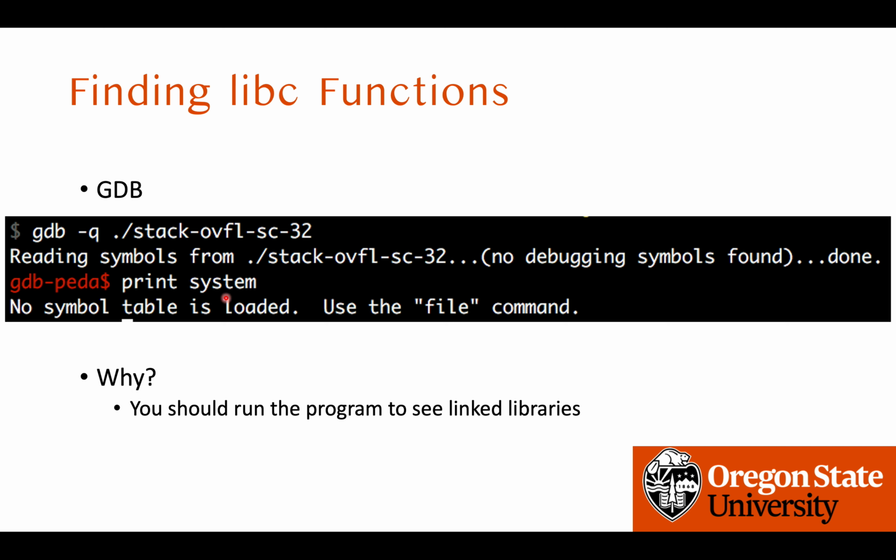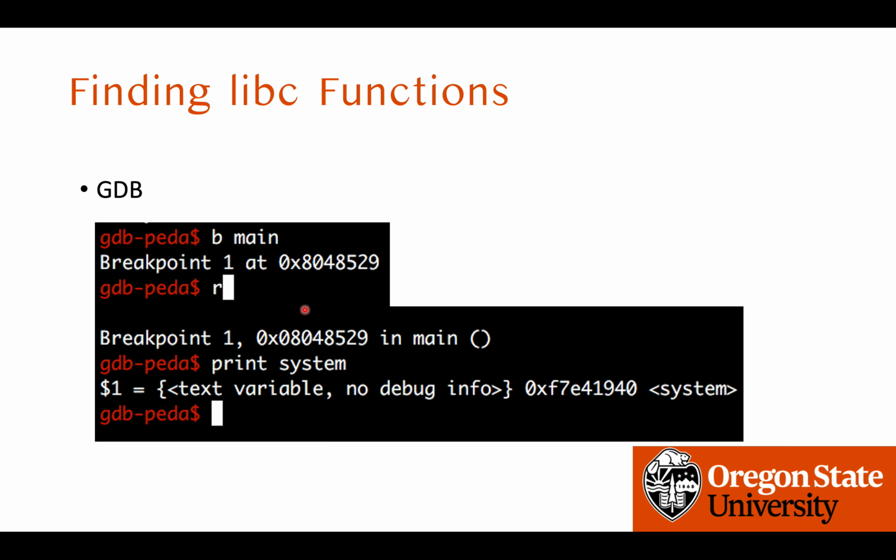But it will not work if you just run these commands, because your program needs to be in an execution state to see the library, since the library is loaded after you execute the program. So we set a breakpoint at main and run the program, and it will stop. After that you can run print system, and you get the address of system in the library.